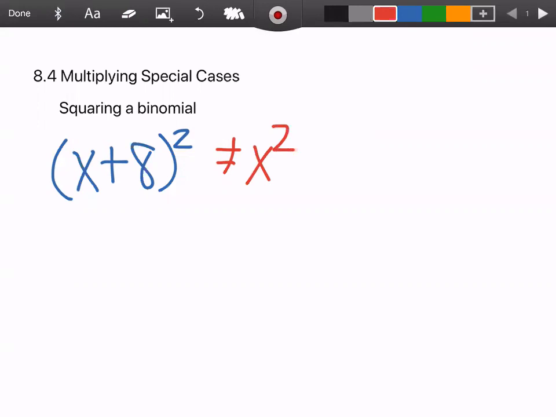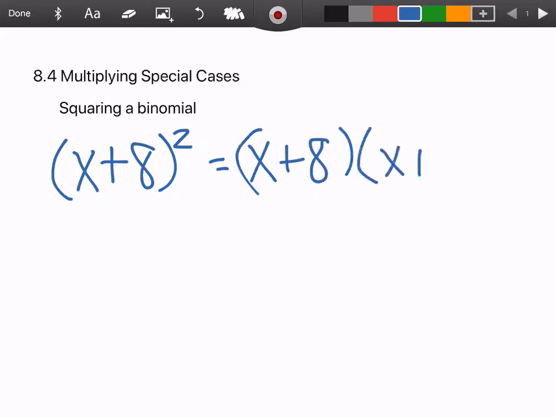So we can't take x squared plus 8 squared. We're not going to get x squared plus 64. Instead, we're going to write out x plus 8 twice, and then we are going to use the double distribution method or the box method to figure out our answer.